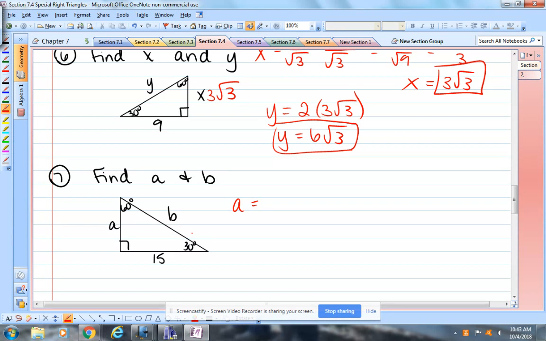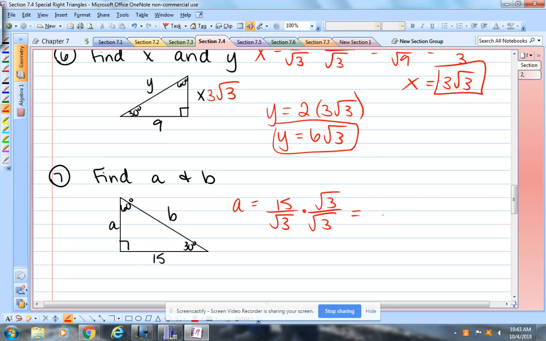Well, long leg is short leg times radical 3, right? So we got to divide it by radical 3 to get back to the short leg. So that means I have to do what? Multiply by radical 3 over radical 3.